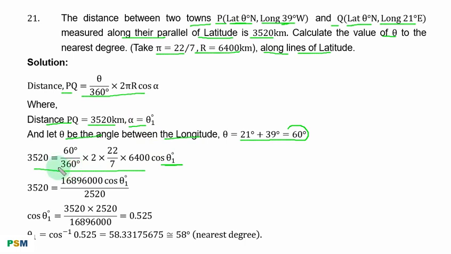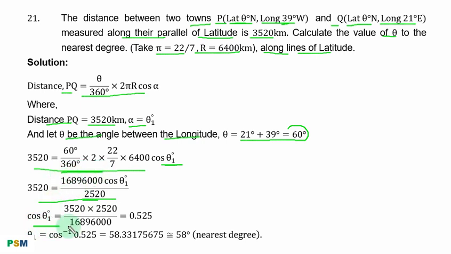If you simplify further, you have these results. To get cos theta degrees sub 1, multiply through by 2,520 to clear the fraction and divide both sides by this coefficient.